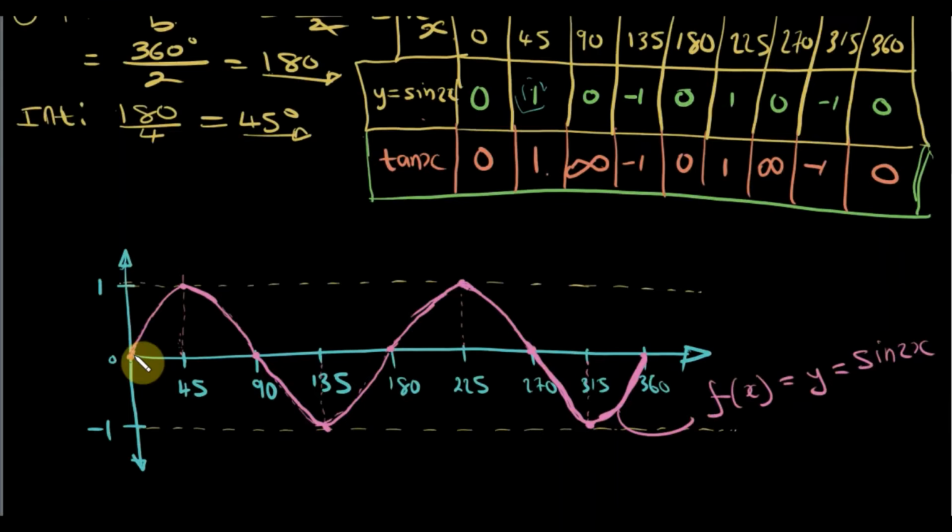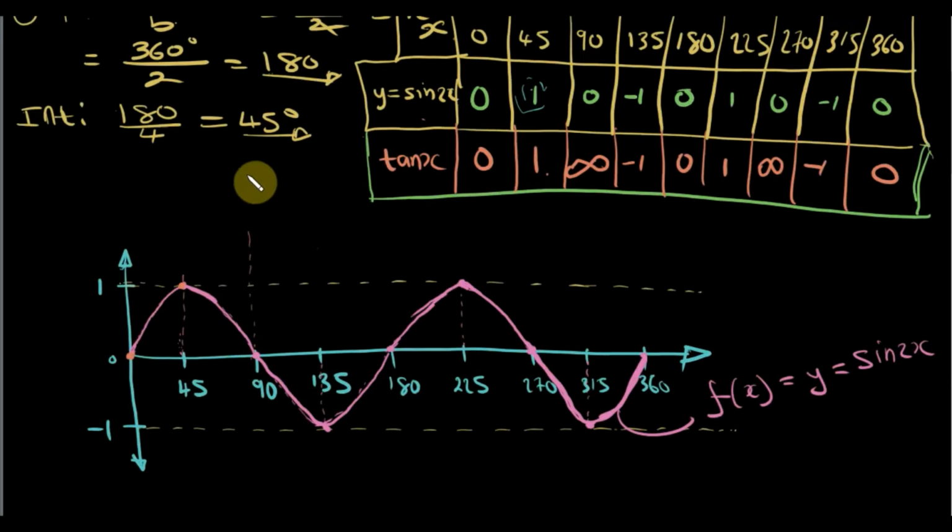At 0, x is 0. At 45 it's 1. At 90 it's infinity.